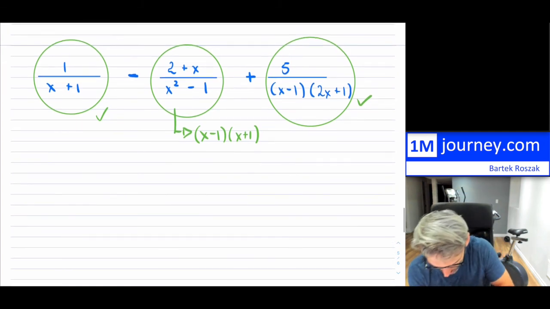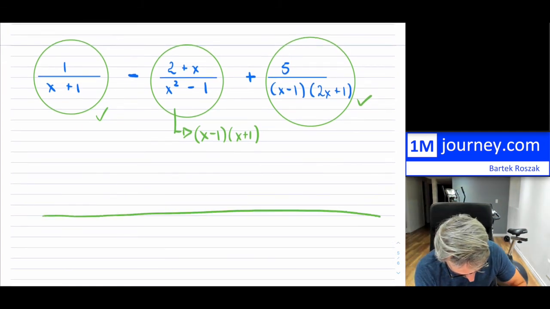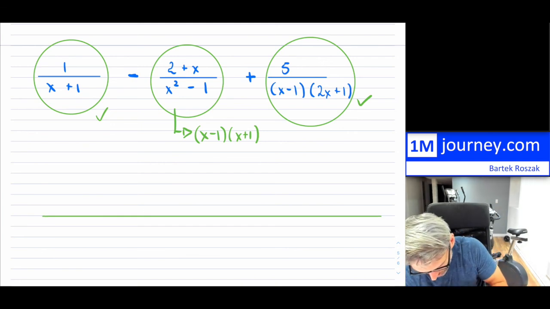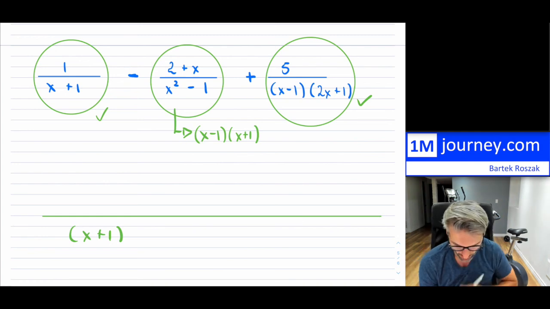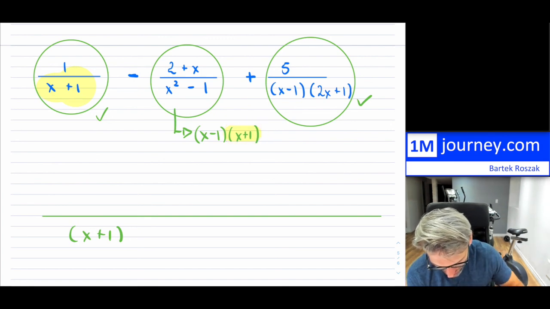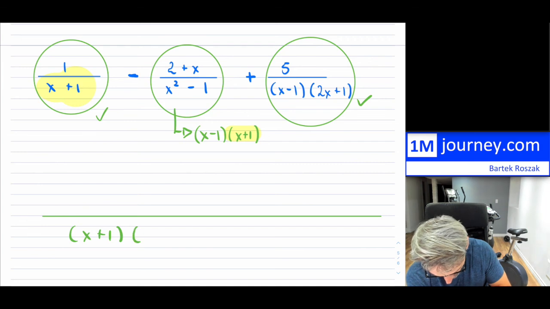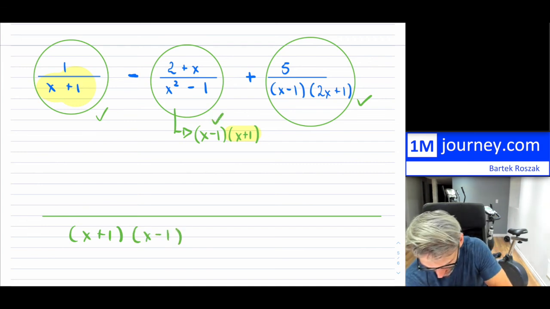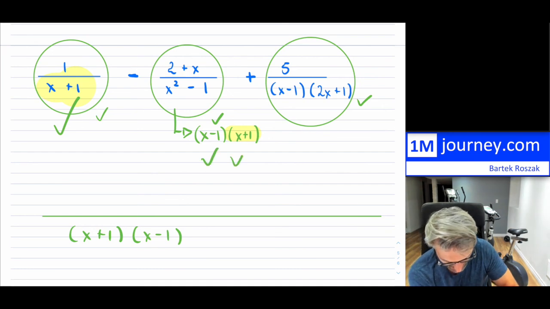Finding a common denominator between them, you have to take all your factors. So x plus 1, that's coming from the first. Now I do have the x plus 1 here and here, so I don't have to repeat it. So that's one of them. Now the x minus 1 we will need, so that's from right here. So far I have this covered, I have this covered.